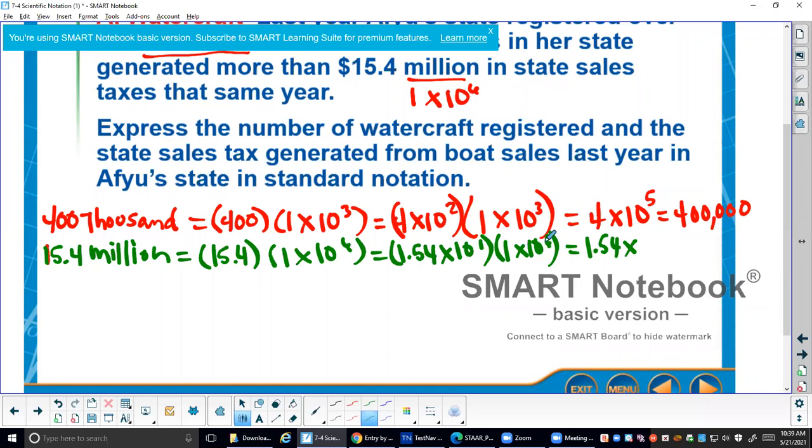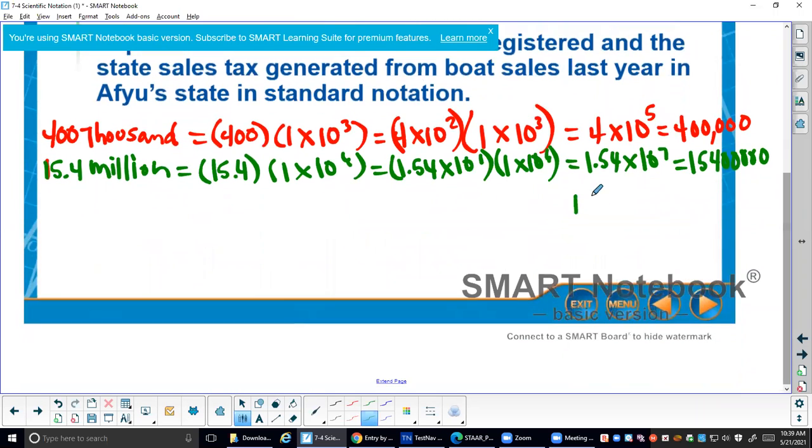And we have 1 plus 6, 7. And you could write this moving the decimal 7 places. So that's 1 place, 2 place, and you're going to need 5 more zeros. 1, 2, 3, 4, and 5. And that would look like this, with commas. That would be equivalent to 15.4 million. So all ways that you can write this. Okay? Questions?